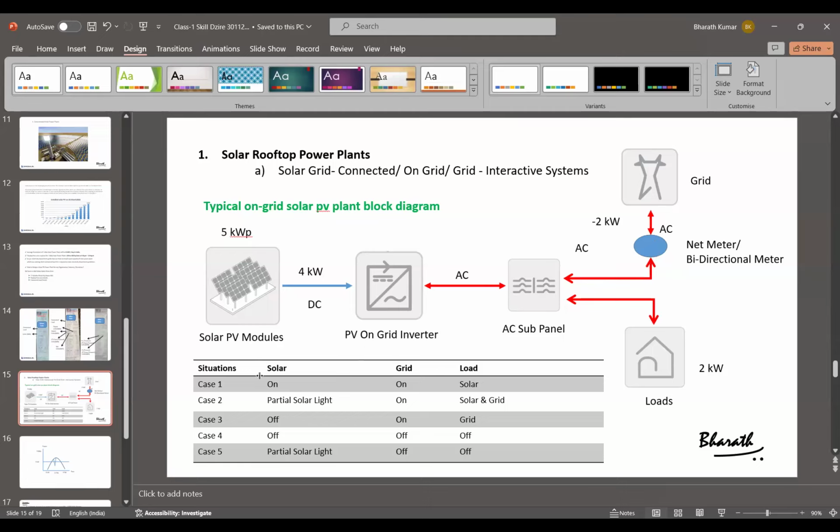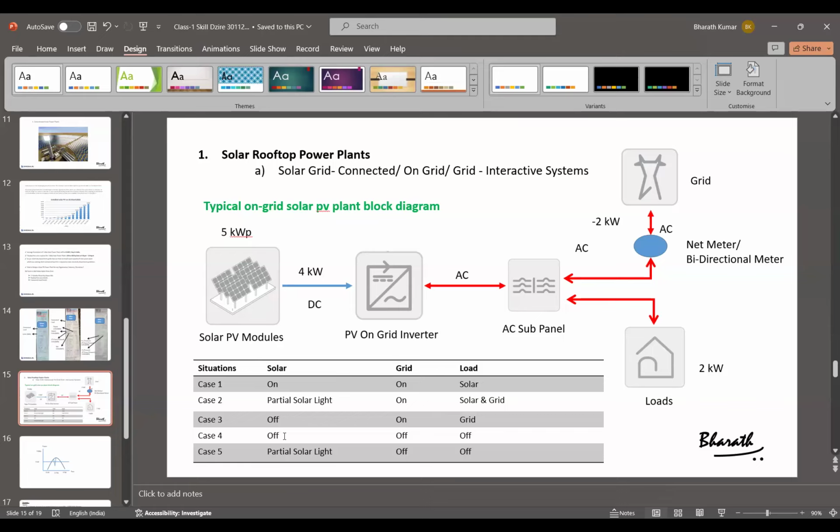And here you can see multiple cases. Solar on, grid on: the load will be on solar. Partial solar light, grid on: the load is served by the solar and grid combination. Solar off, grid on: the load will be on grid.